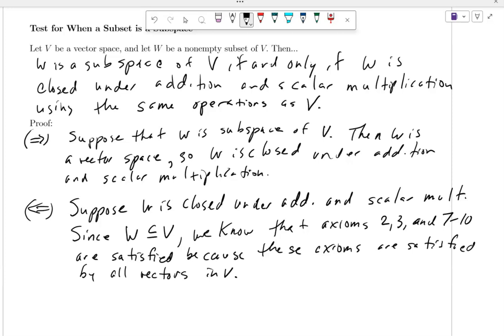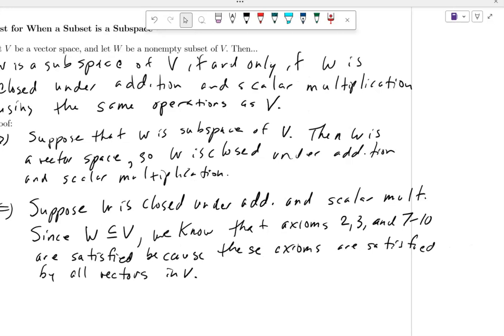Which two axioms talk about special vectors? Those two axioms are the zero vector axiom, axiom 4, and additive inverse vectors, axiom 5. Those are special vectors, right? So remember what the axioms say. I'm going to write them off to the side so I don't stick it in the proof.